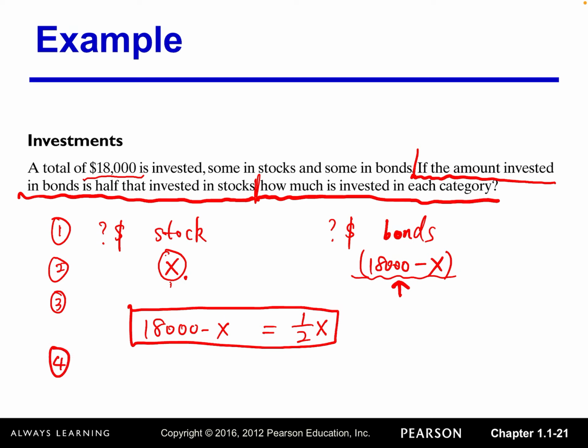And then step 4, we solve this equation. We have two variable terms, right? Negative X and then positive 1X. They're located on both sides of the equation, so we need to move X to the other side. Add X to both sides.